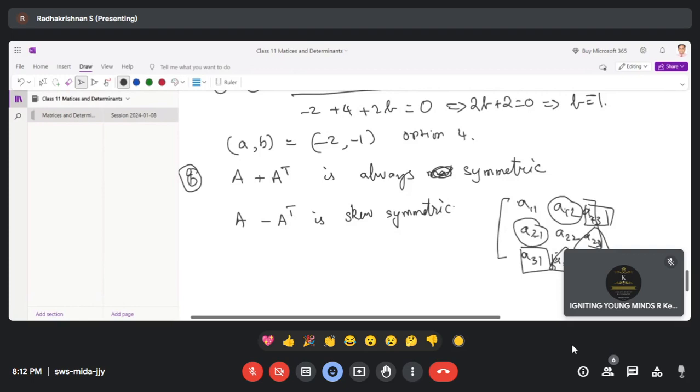And A A transpose will be symmetric. And A transpose A is also symmetric. Okay. So you can take a small matrix and check it out. You will see that these are always true. Okay. So then what option do we choose here?